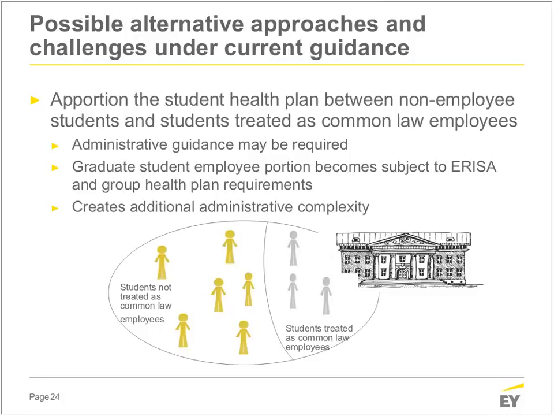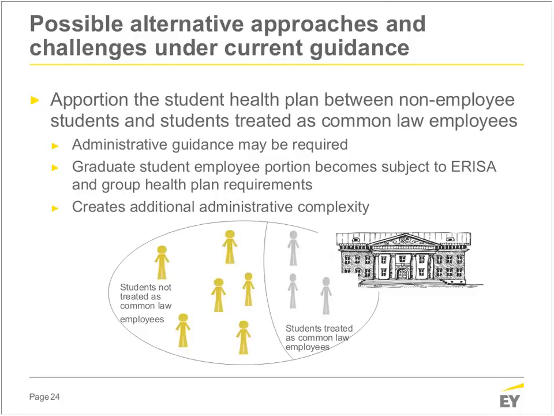The subsidy would be used to subsidize the student health plan, but that portion of the plan would actually be treated as an employer-sponsored group health plan because of the employee-employer relationship between the student and the university that is subsidizing the coverage. That would work, as I mentioned, because the subsidy is subsidizing or connected to and integrated with group health coverage, so it would comply with the ACA requirements.